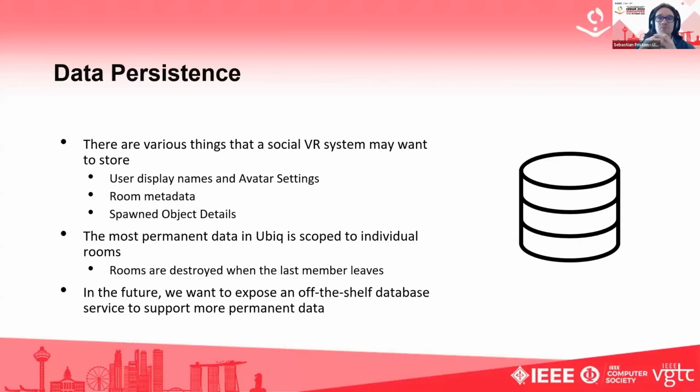I mentioned spawning before, and I said that Ubiq currently can scope object data to the room level. So stuff will persist as long as the room does. Rooms are destroyed when the last member leaves. So the most permanent data in Ubiq currently has the lifetime of a room.